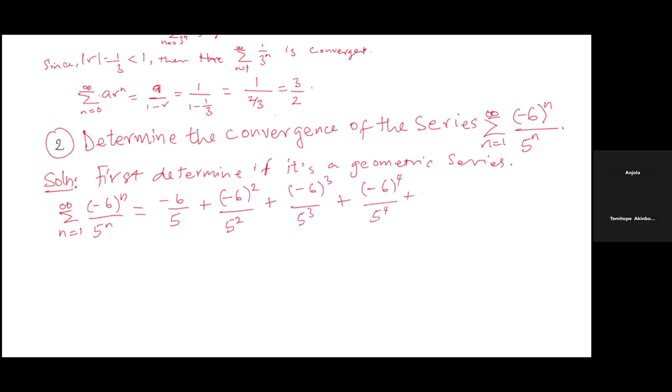Looking at it closely, I can say this is minus 6 over 5 raised to power 1, minus 6 over 5 raised to power 2. By law of indices, this is possible. Do you agree with that? Yes. Minus 6 over 5 raised to power of 3, then minus 6 over 5 raised to power of 4, and so on.